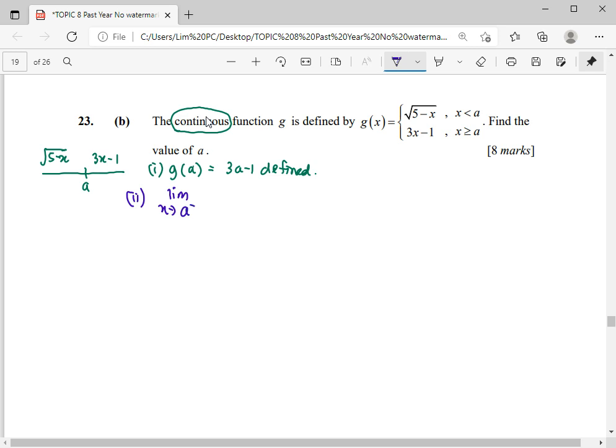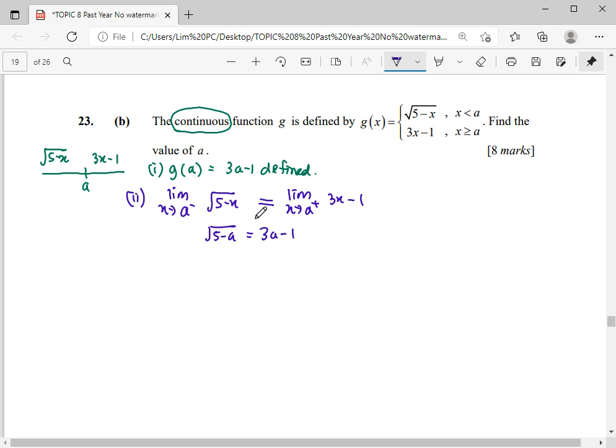So the left hand side for the function square root of 5 minus x must definitely equal the limit as x approaches a from the right hand side. So we try to solve here in order to find our a. So we substitute our a here. It will be square root of 5 minus a, equal to 3a minus 1. So it gives us a radical equation.